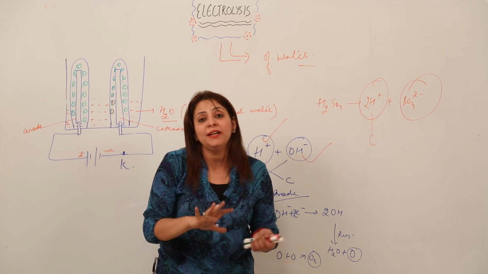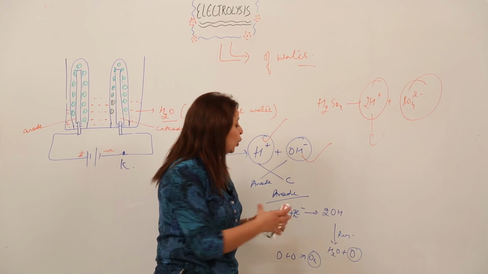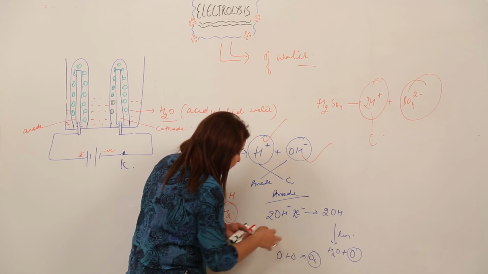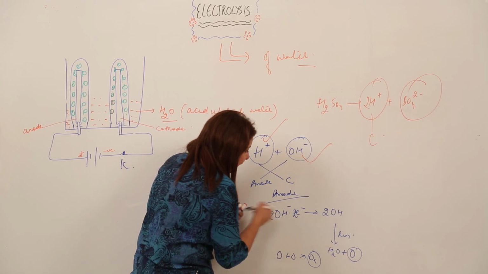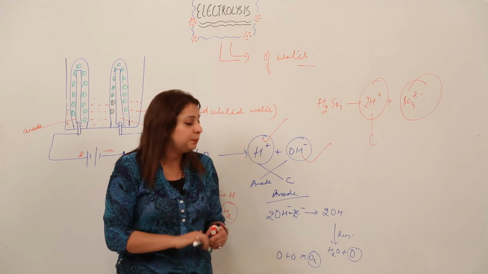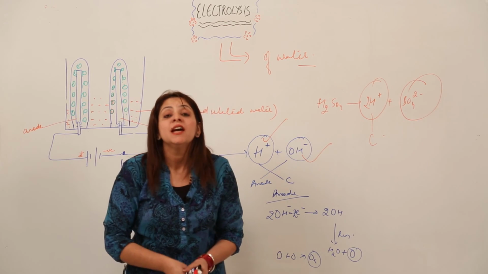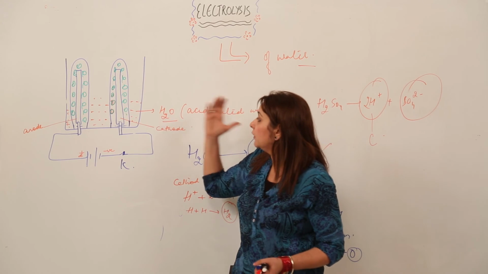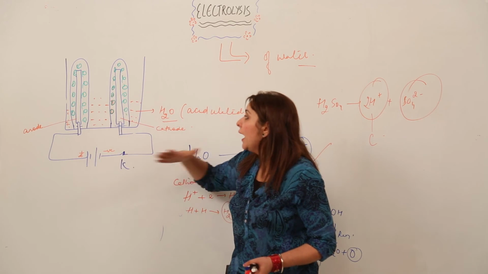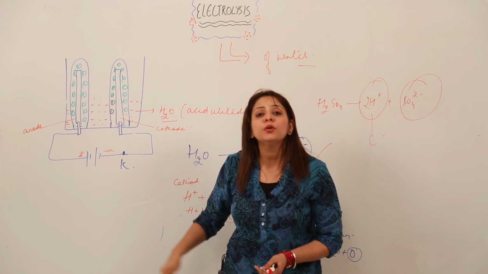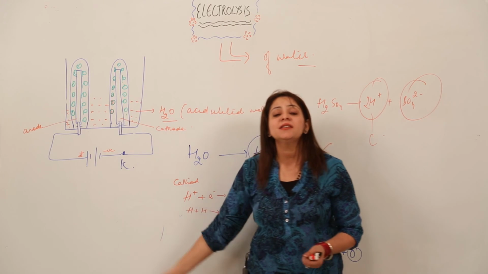So obviously it will get discharged; it is losing an electron, sorry. That means oxidation is taking place and it gives rise to the formation of O2, and at the end we get O2 bubbling at the anode and H2 bubbling at the cathode. So this is how you carry out the electrolysis of water.